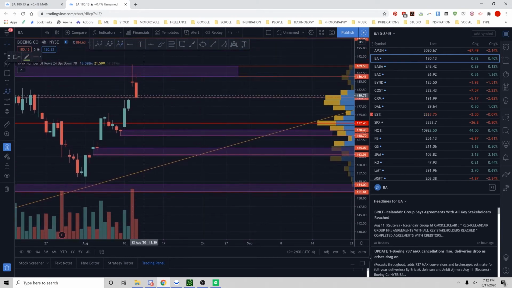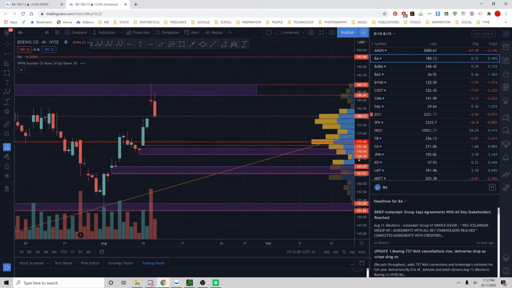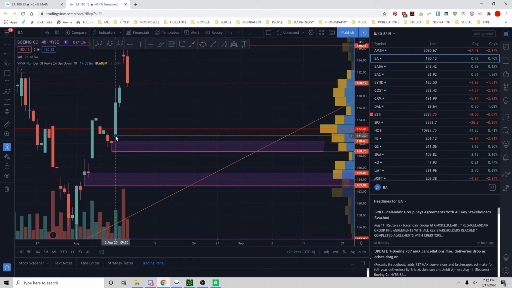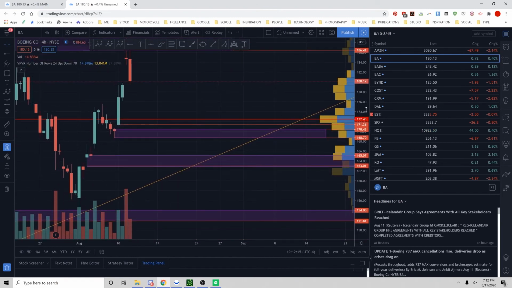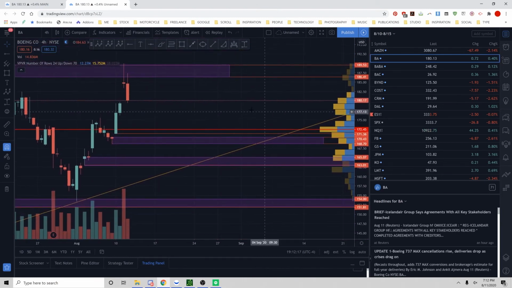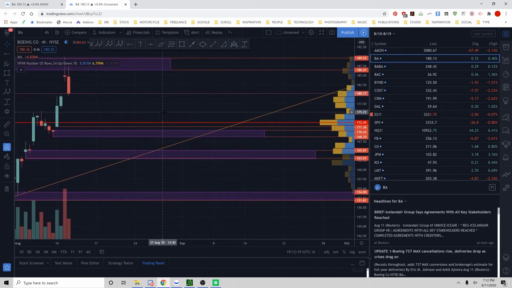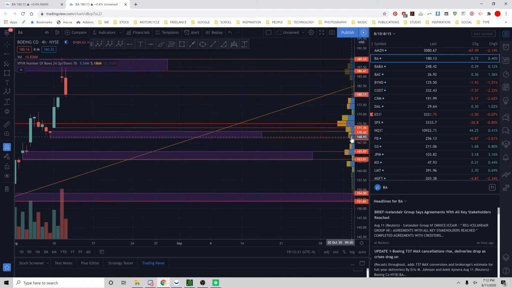I would be careful right here with any shorts, or if I were to go long, because that's the start of this rally right here. There are some strong buyers right there, and volume is looking pretty strong. If we bring ourselves over here, volume is pretty heavy at that 172 level.